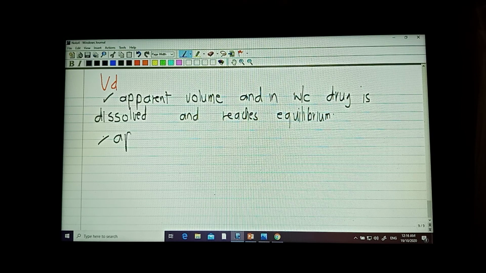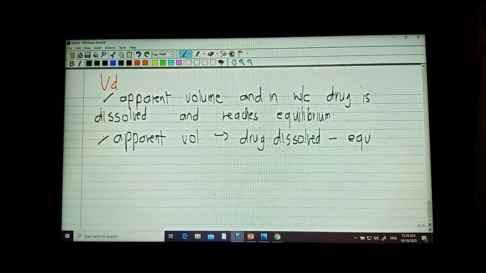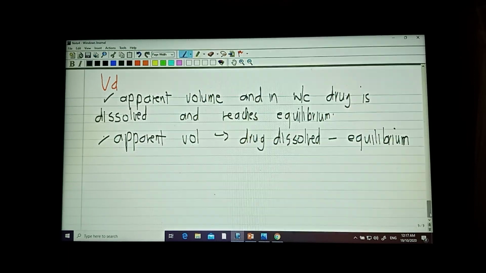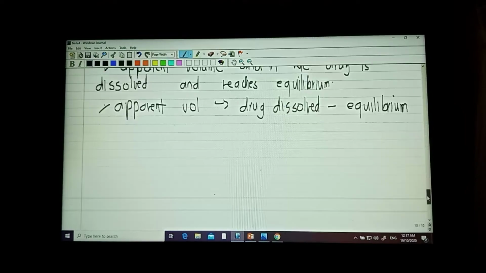So your keywords: we have the term apparent volume, drug dissolved, and reaches equilibrium. Okay.